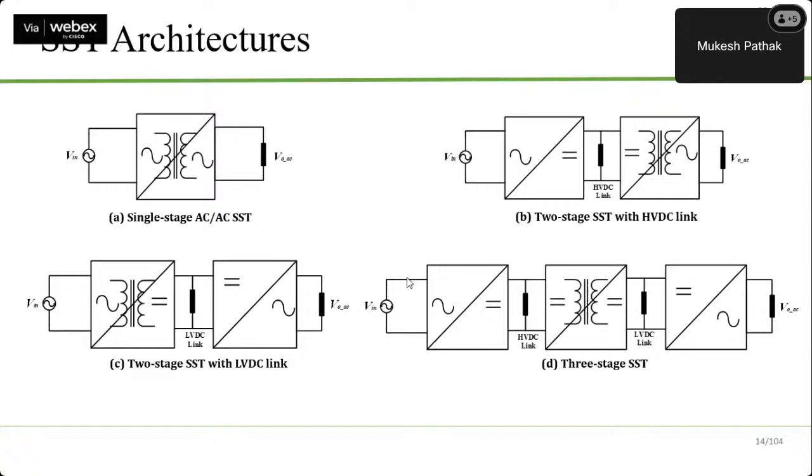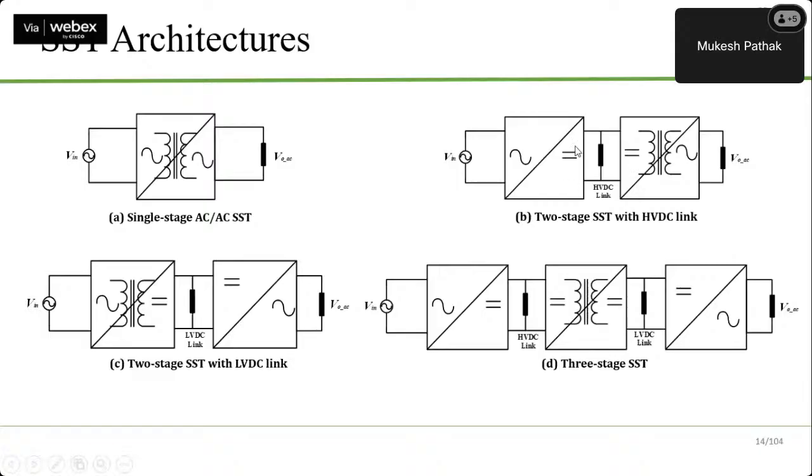Now, how you do it, how many stages you introduce, brings us to the choice of different topologies. Single stage means there is an input voltage, a transformer, and a converter. Converter and transformer form the single stage, and there is output.